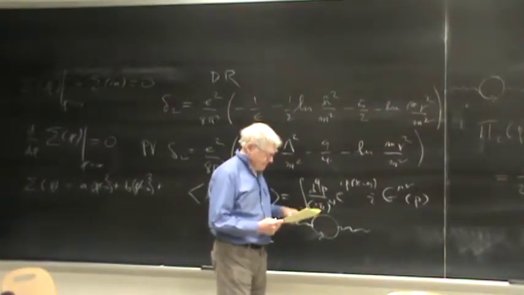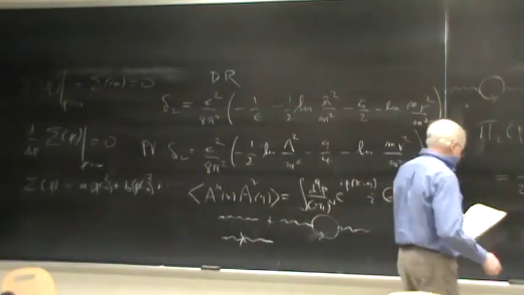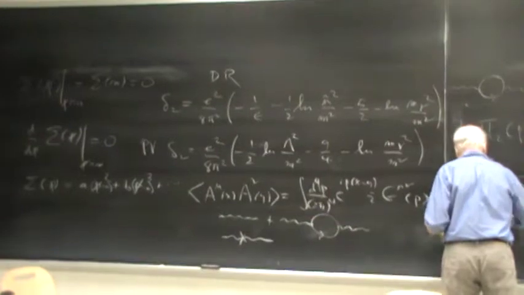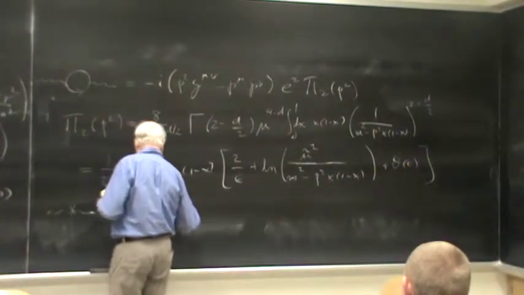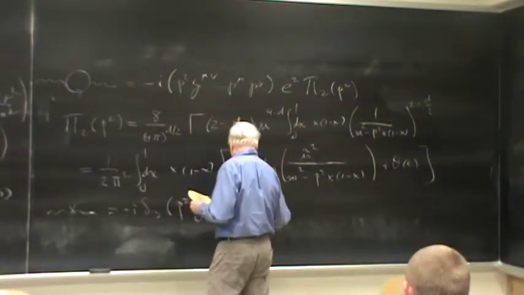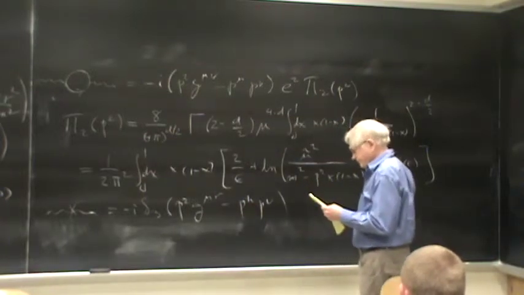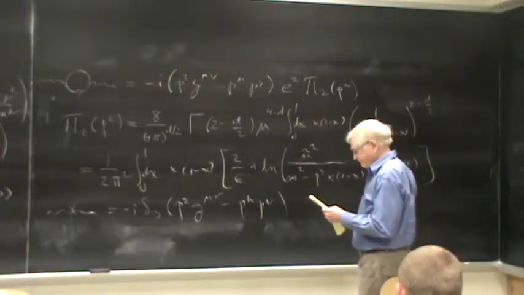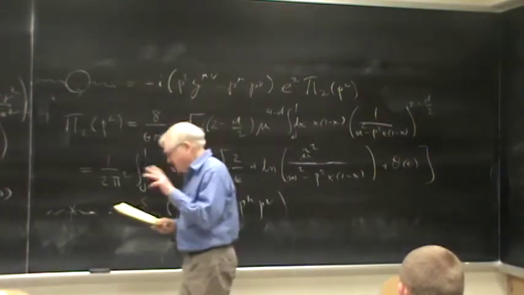And what is that term? Well, that term is minus i delta 3 times p squared g mu nu minus p mu p nu. And what Schwartz does now is he jumps to a different gauge.